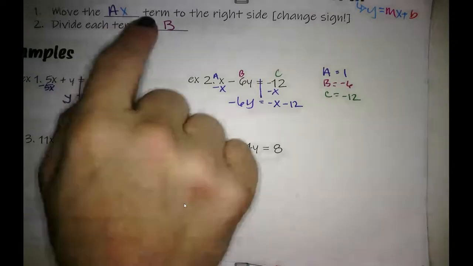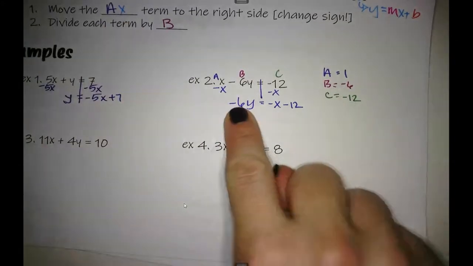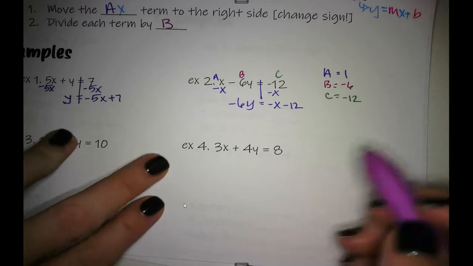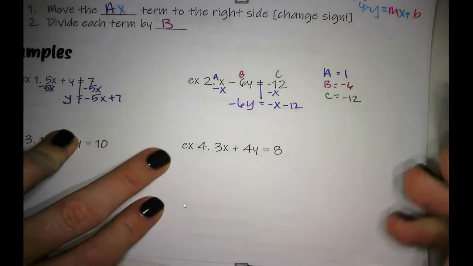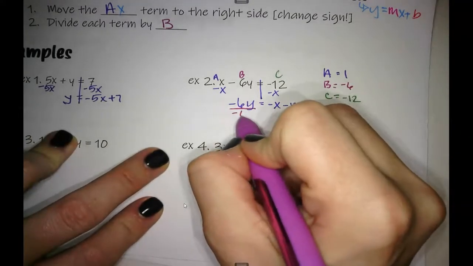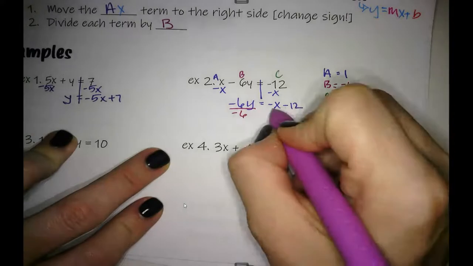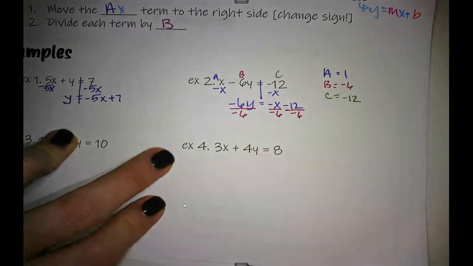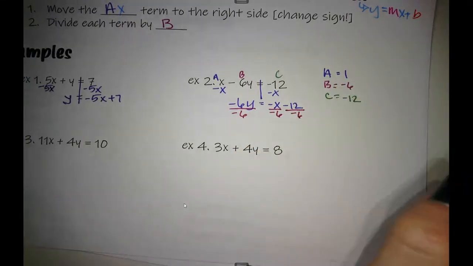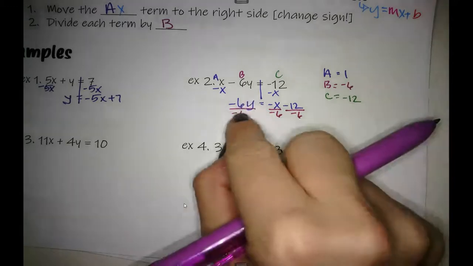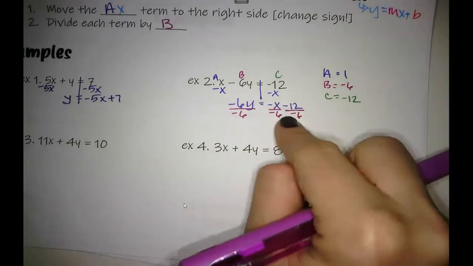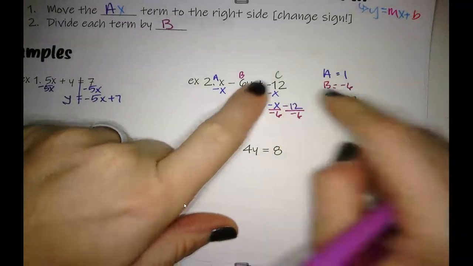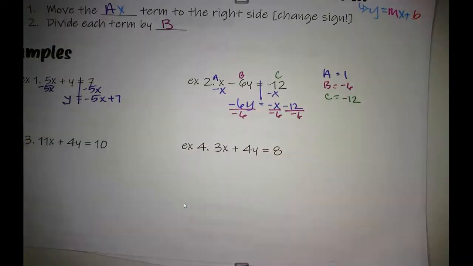So that was step 1. This time I have that b, so now I need to divide each term by that b. So I'm going to divide this by negative 6, this one by negative 6, and this one separately by negative 6. Each term, remember, is separated by a plus or minus sign. So that's why we're dividing this by negative 6, and this separately by negative 6.